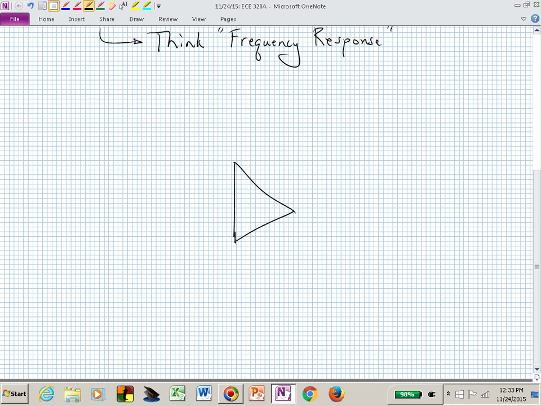Let's start with something that you hopefully can connect with, a triangle, a three-sided object. Now I'm putting some facial features on that triangle. One is an eyebrow and one's a plus sign, a nose maybe. Let's ground that non-inverting terminal.